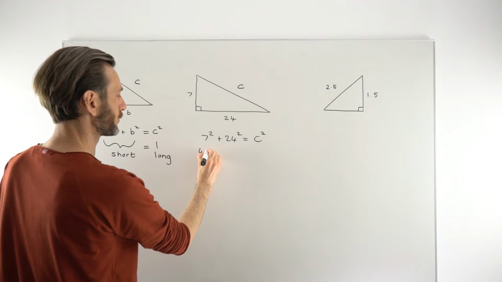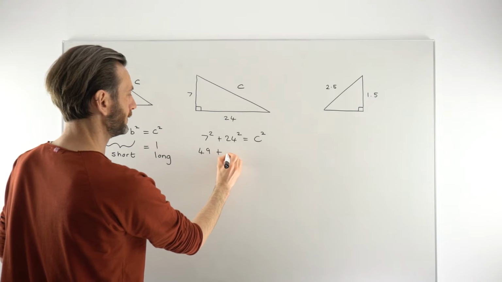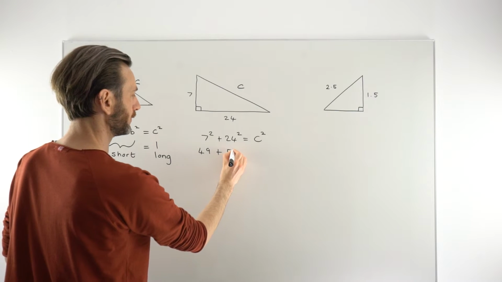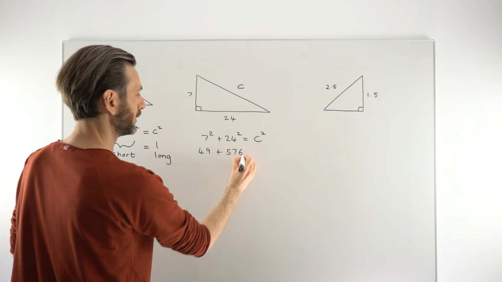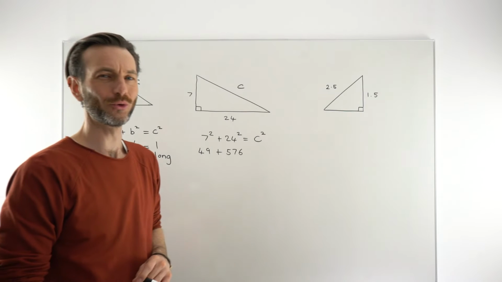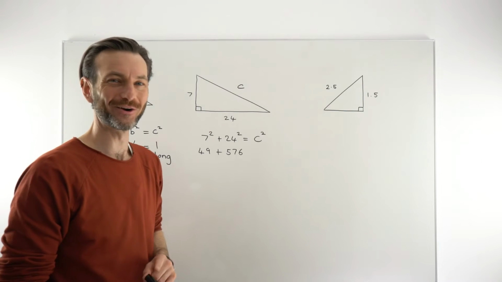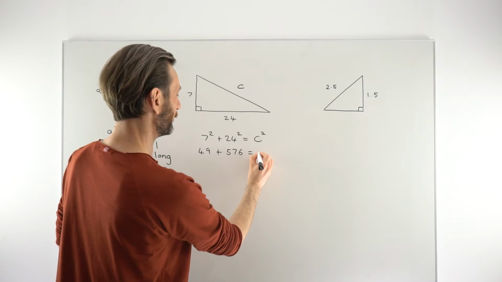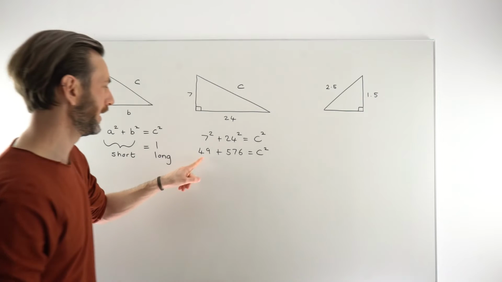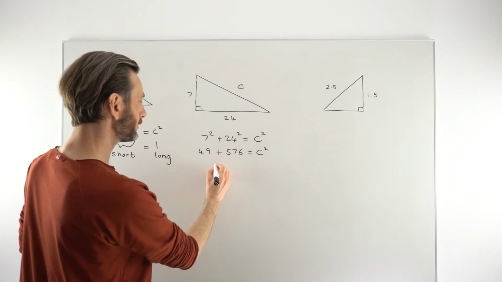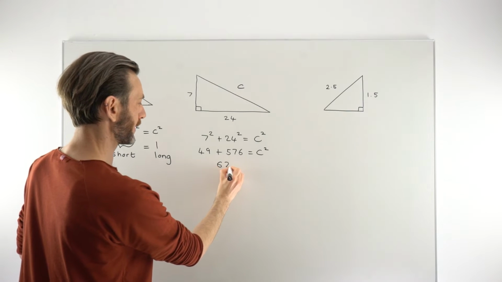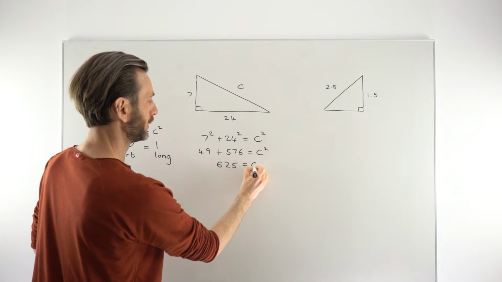So 7 squared is 49. 24 squared is 576, I think. I don't know that off the top of my head, I checked that earlier on the calculator. That equals C squared. If you add those together, it comes out to be 625.